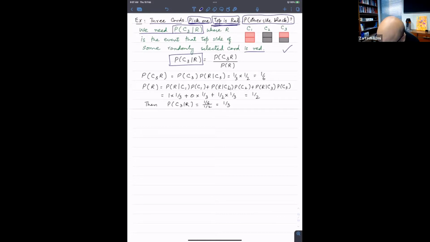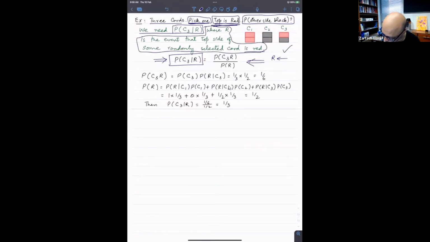So by using the conditional probability formula, probability of C3 given R is equal to the probability of C3 and R, the intersection of the two, divided by the probability of R. And for the probability of R, don't forget that R is the event that whatever card you pick, the top side will show red. R is the event. Very important to understand what kind of event R is. R is the event that the top side of some randomly selected card is red. It's very important to realize what the definition of R is.